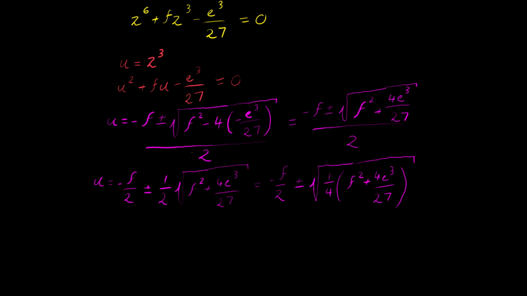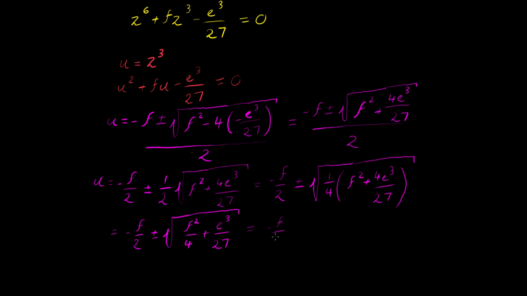So we have negative f over 2 plus or minus the square root of, so f squared over 4, we're just dividing everything by 4, or multiplying everything by 1 over 4. So plus e cubed over 27, the 4's are going to cancel. So this is all we're left with. So that is our u.